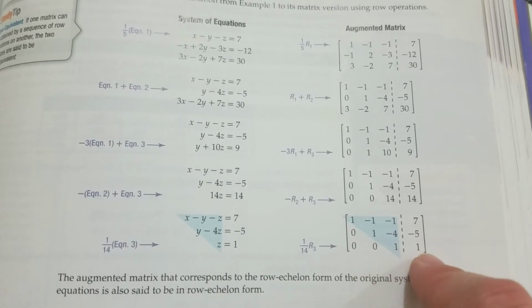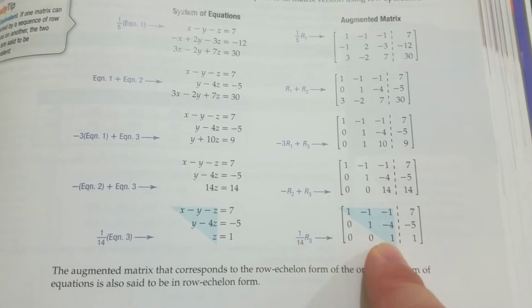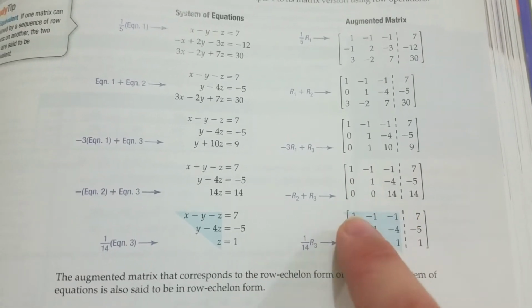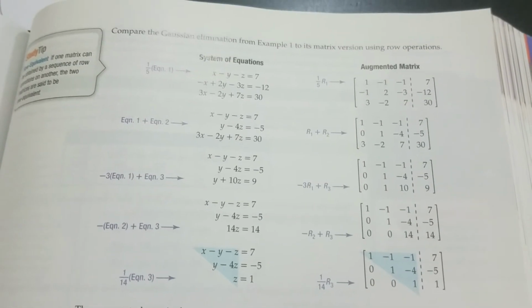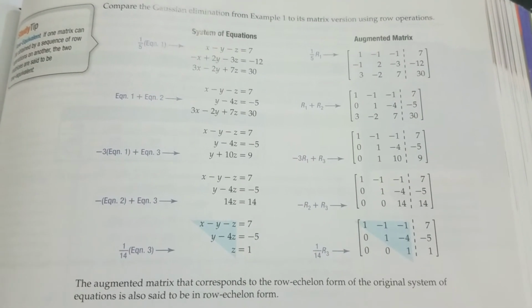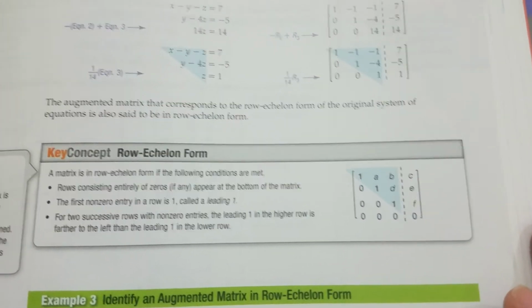You'll notice you come up with the same idea down at the bottom, where you start with 1, 1, 1. Here you've got X, Y, Z, then Y, Z, and only Z. So we're going to do what we did in example 1 now to a matrix. That's going to be our goal here in a little bit.